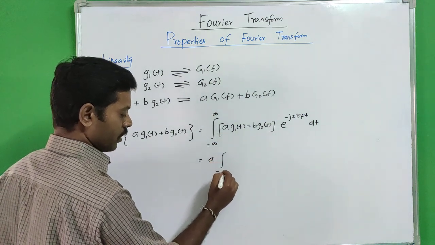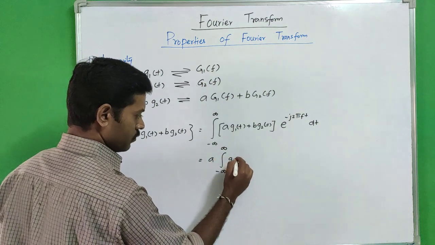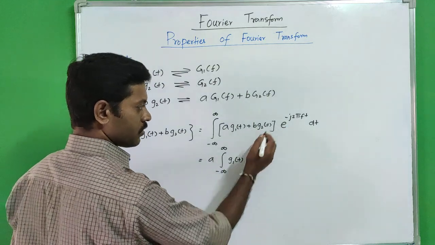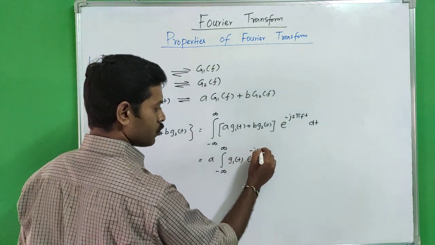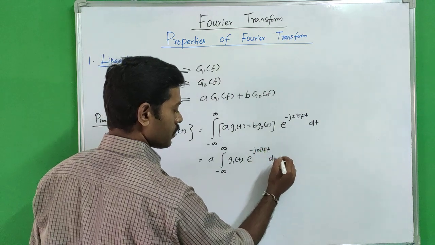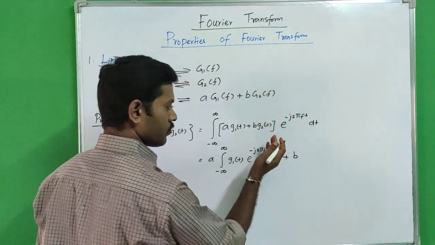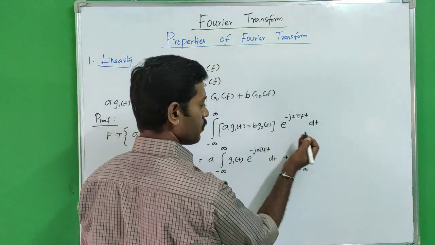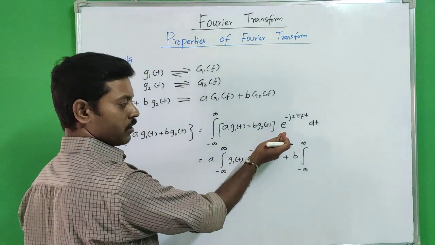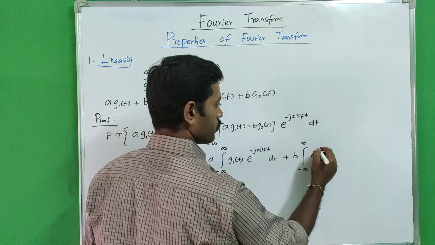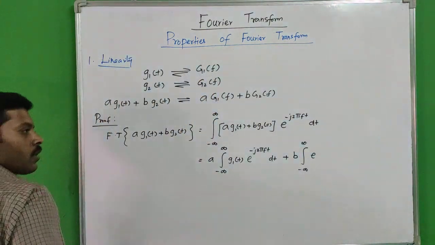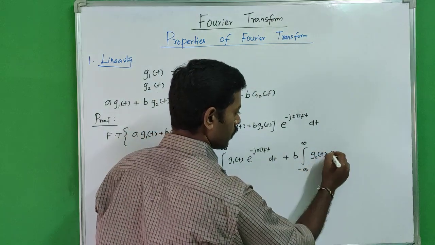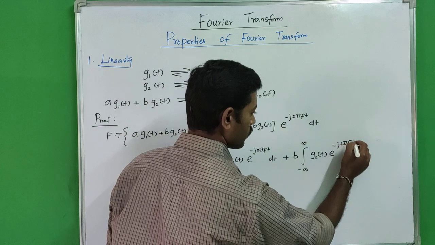A times integration from minus infinity to plus infinity g1 of t, you just bring the exponential inside the bracket, e power of minus j 2 pi f t dt. Similarly here b is a constant, we can take it outside. B integration from minus infinity to plus infinity g2 of t, exponential of minus j 2 pi f t dt.